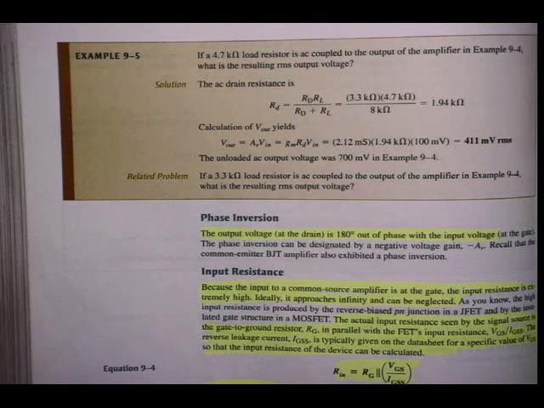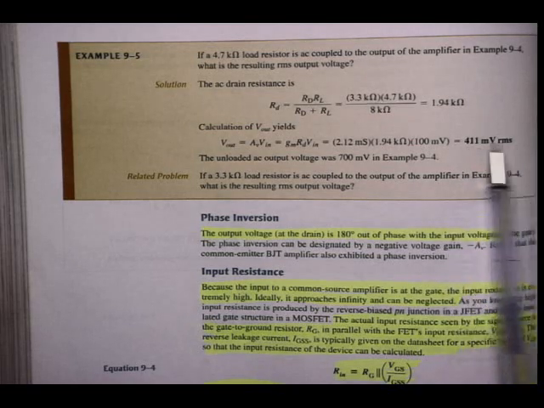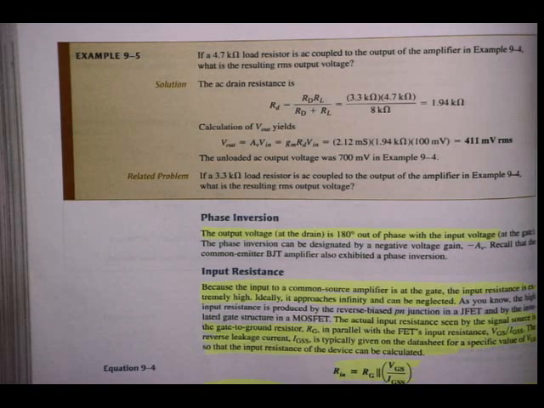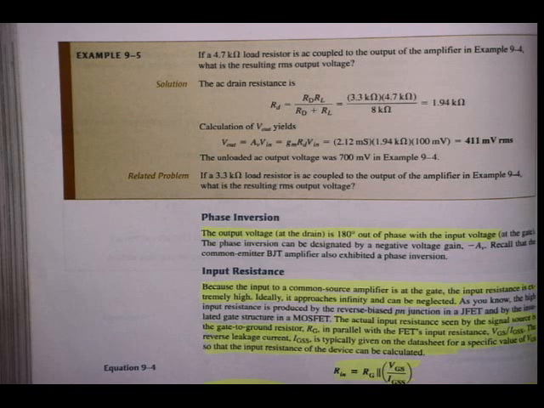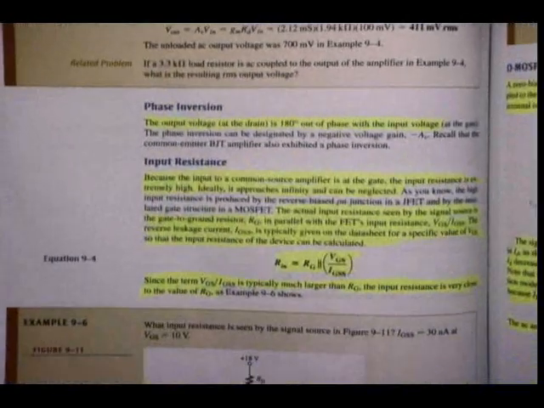Rd, which is RD in parallel with RL. So now the resistance drops from 3,3 to 1,94. So calculation of Vout then yields that GM times Rd times Vin is now going to give me only 411 millivolts. As previously I had 700 millivolts for that same circuit without the load resistor. So make a note of that.